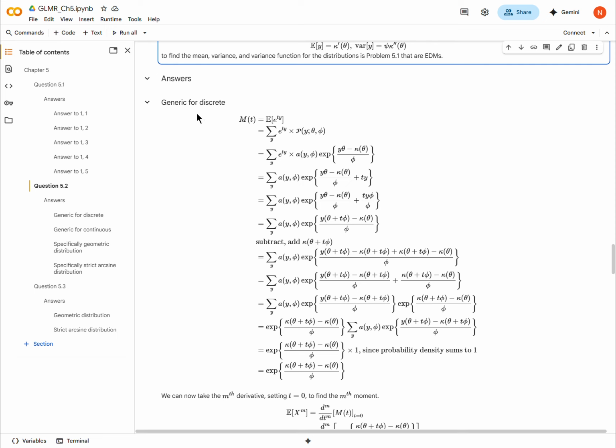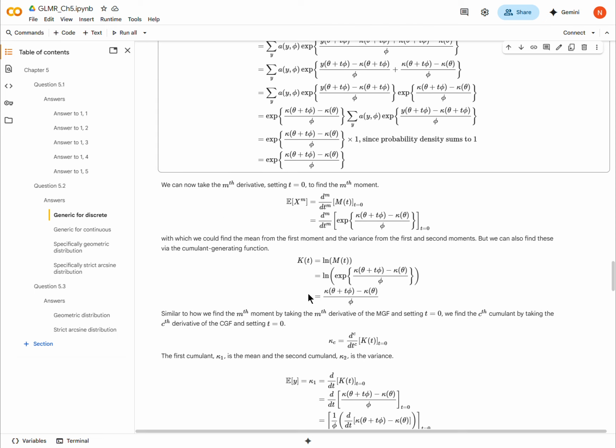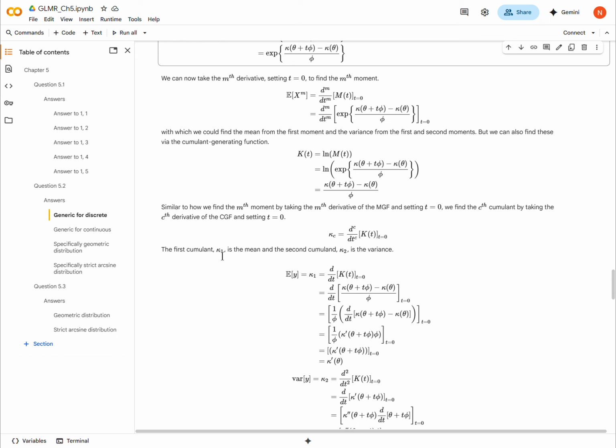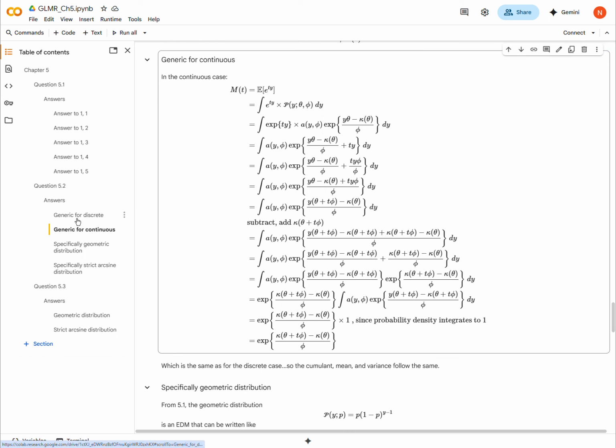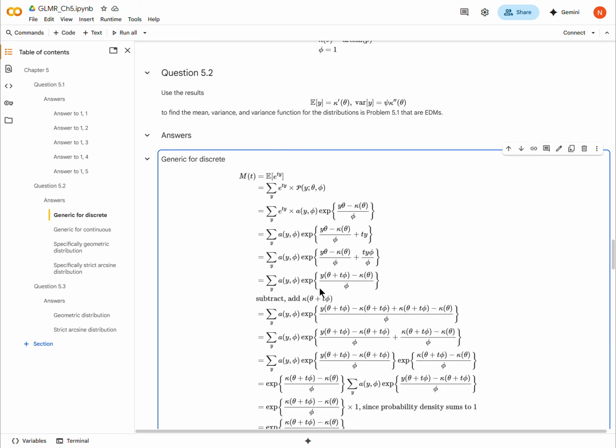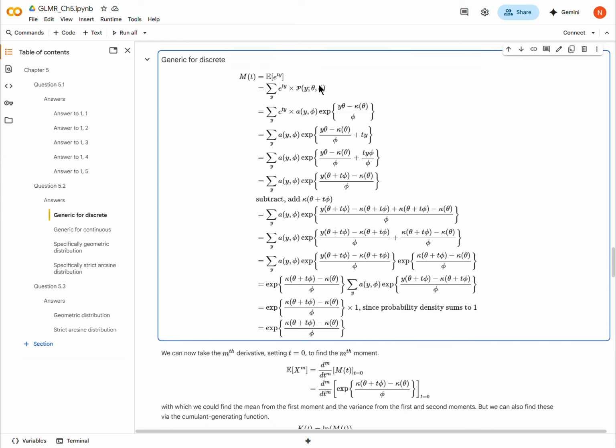Okay. So first, on this first part here, I just go through and find the mean and variance for a generic EDM, right? And then later I will apply that to the specific form for the geometric and strict arcsine distribution.